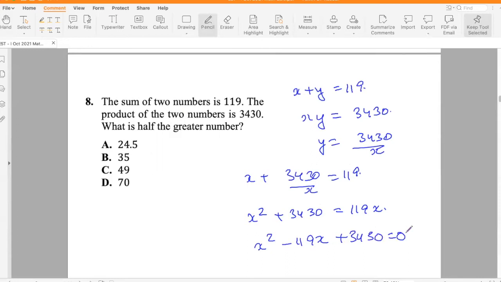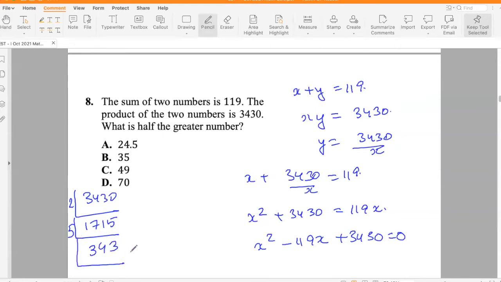Now let's try and split the middle term. 3430 twice is 1715. 5 times is 343.